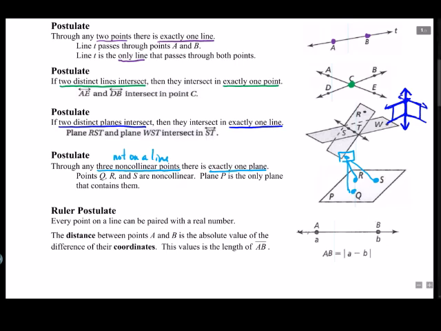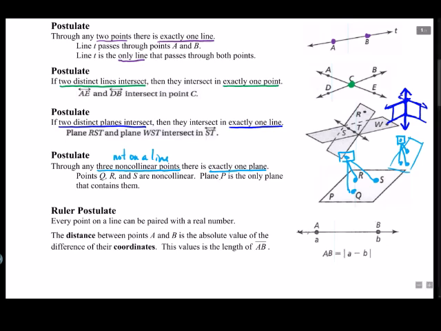Now what if you want to put your camera on a hill? Well, you're going to have your camera going like this. And these 3 points, there's going to be one and only one plane that is going to contain all 3 of those points. And this plane is going to be sloped like the side of a hill.